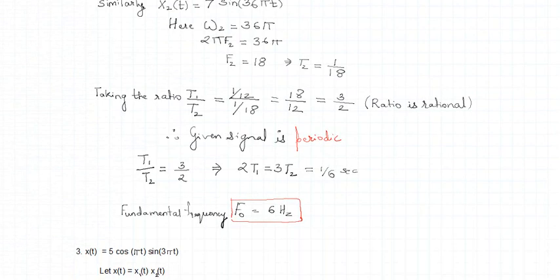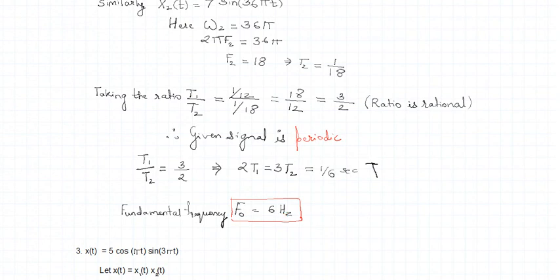If I now take the inverse of this, I get the fundamental frequency to be 6 hertz. So T naught is the fundamental period of the given signal, and the inverse of it is the fundamental frequency, 6.